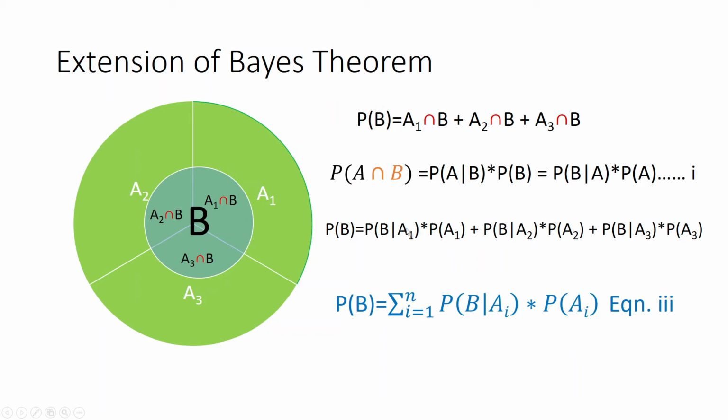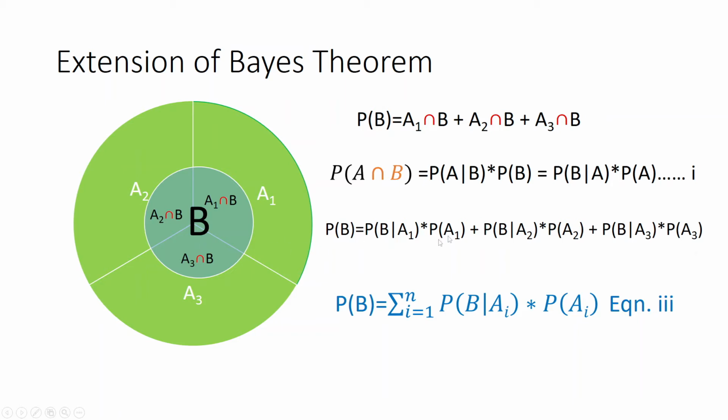Therefore, the probability of P is equal to the probability of P given A1 has occurred, times the probability of A1, plus the probability of A2 intersection P, which is equal to the probability of P given A2 has occurred, plus the probability of A3 intersection B, which is equal to the probability of P intersection A times the probability of A3.